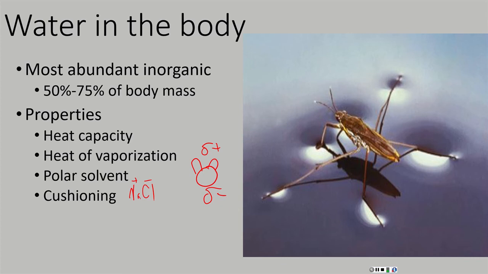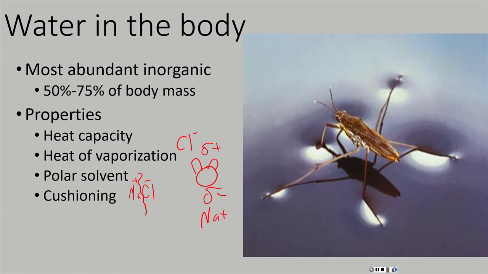Well, if we have our water molecules, which we see over here on the right, the positive end is going to pull on that chlorine. The negative end is going to pull on that sodium. And it rips this bond apart so that the chloride goes towards the positive side of water, and the sodium goes towards the negative side of water.